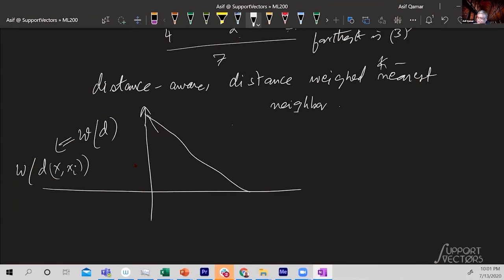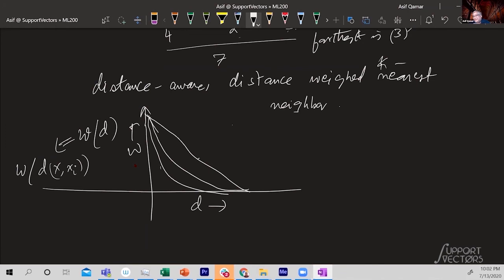It may decrease like this, like this, or like this. Do you realize each of these will serve the purpose? You just say that the further off the distance is, the less weight you give to that point in making a decision about cows and ducks, or the weight of that animal. Is this intuition clear, guys?